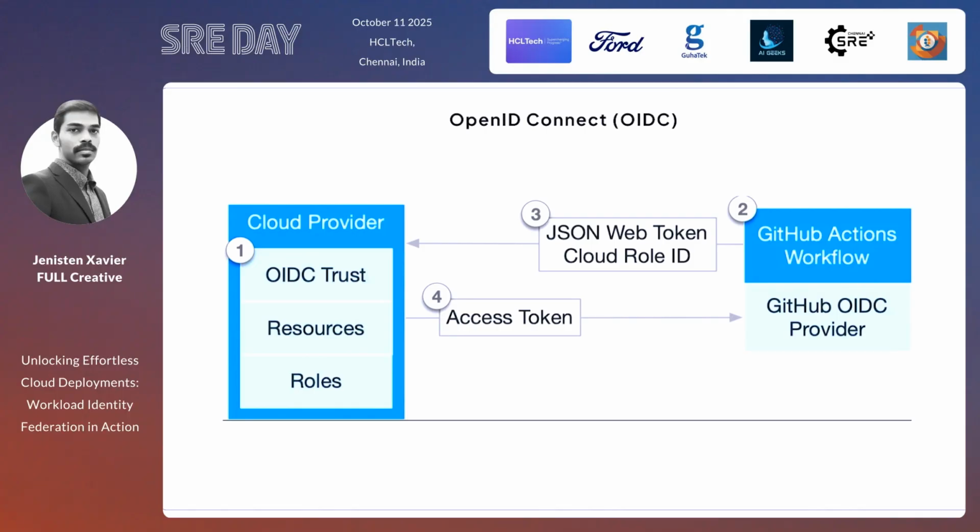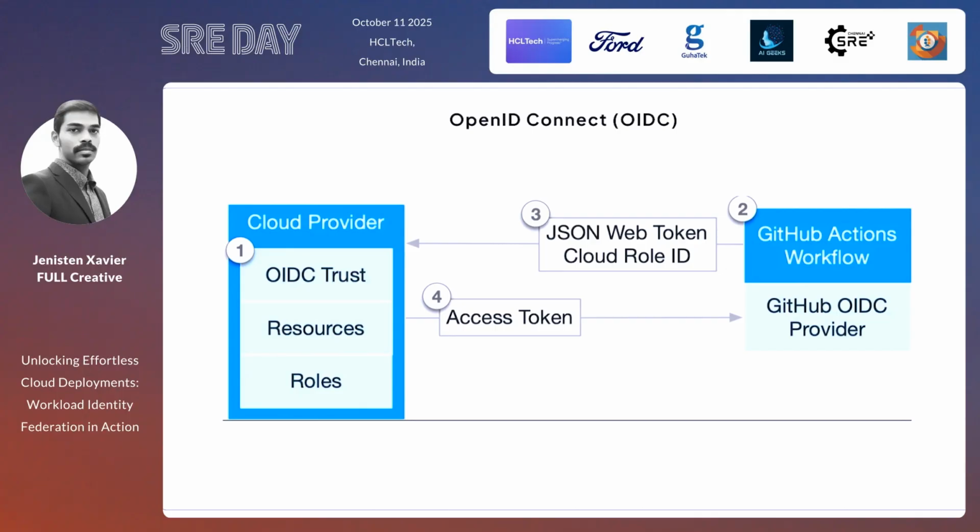In our case, the first setup we are going to configure is the trust at the cloud provider, be it AWS or GCP or any other service to which we are going to do the deployment, where the OIDC trust is the configuration that ensures this is the identity provider and this is how the configuration works, whatever configuration is required to identify the external system to the internal system. And the GitHub Actions workflow is where it gets initiated, because our deployment, the CI/CD pipeline, is in our GitHub Actions itself.